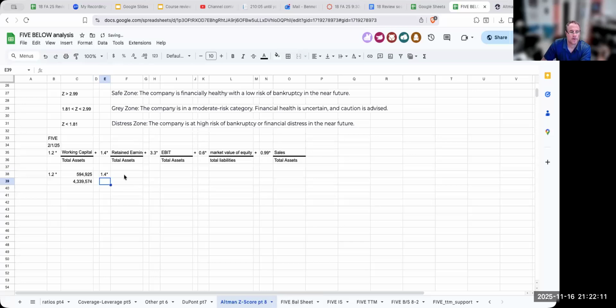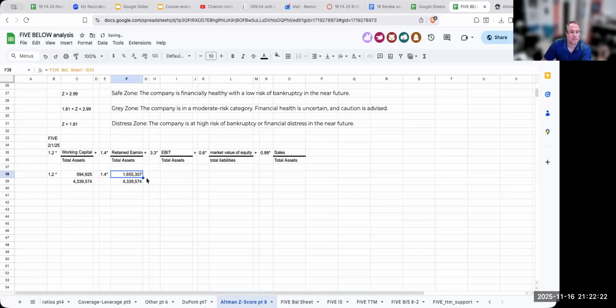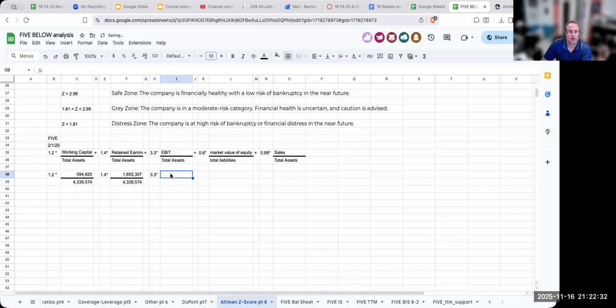Next one over here is my retained earnings divided by my total assets. We'll denote this right over here. Then we've got 3.3 times, and we know what our total assets are.